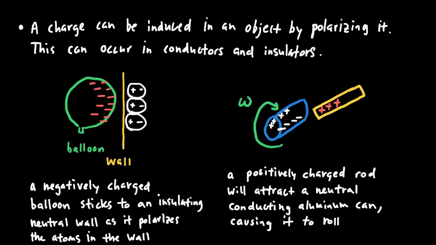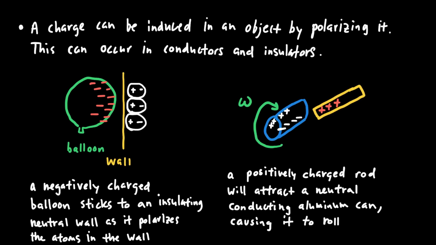So I take this balloon and I put it next to a wall, and the wall does not have a charge. Nobody's rubbed it. It has equal amounts of positive and negative charge, and it's more difficult to remove the charge from the wall because the wall is an insulating material.